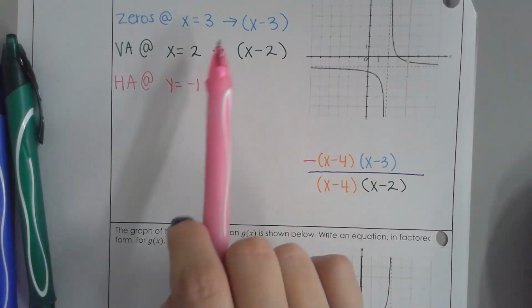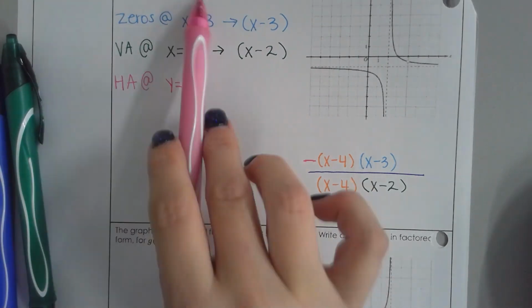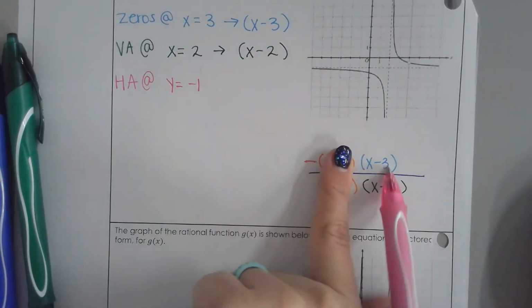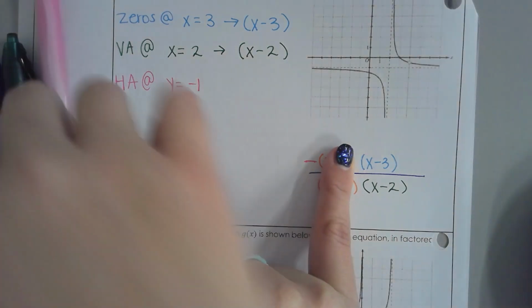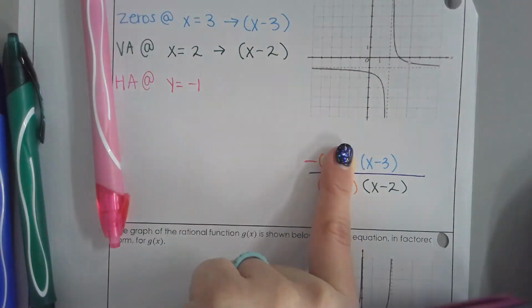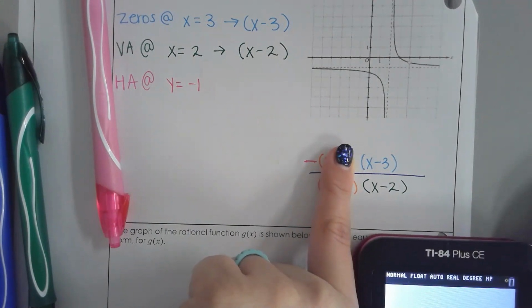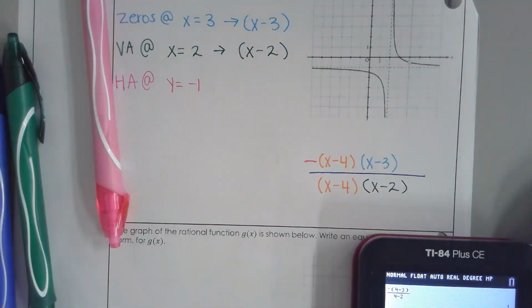So if I go back here and plug in 4, let's see if we would get a y value that would kind of match where my hole is. And if I do, that means that I probably got it correct. So negative, my hole was at 4 minus 3 over 4 minus 2, which is -1/2. Is that the y value of my hole? Yeah, it probably is. So that tells me that I probably have it right.